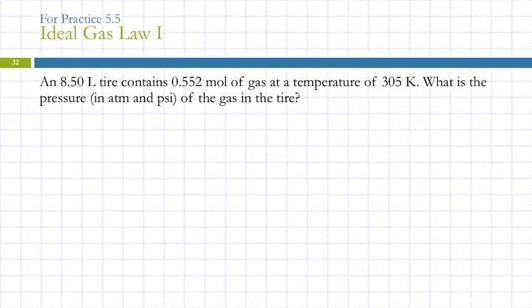So that's all four of the variables. You could also just set up a table and start filling it in. What you'll find is that you only have one row. There is no second set of stuff. And so then you see, well, I have no ones and twos, it must be the ideal gas law. And this is an ideal gas law problem. So let's organize this. 8.50 liters.